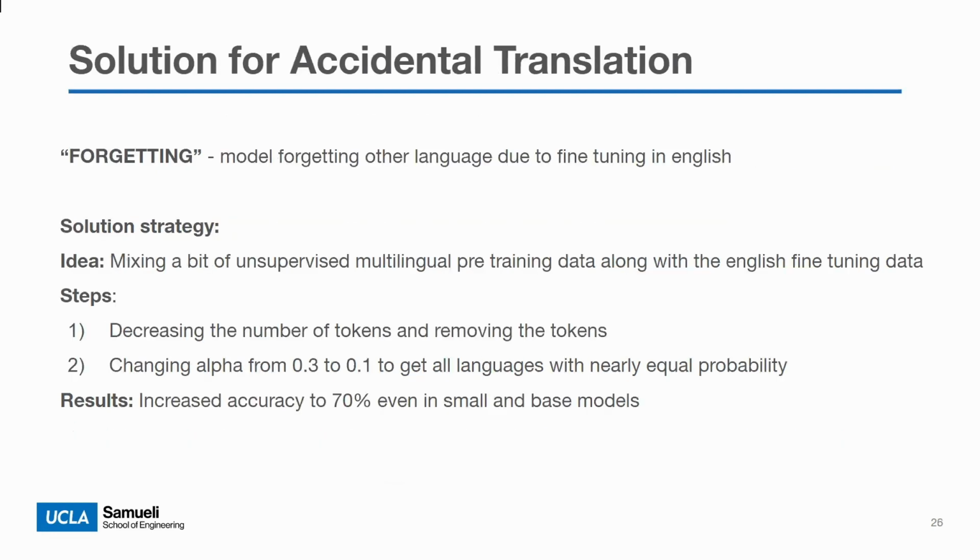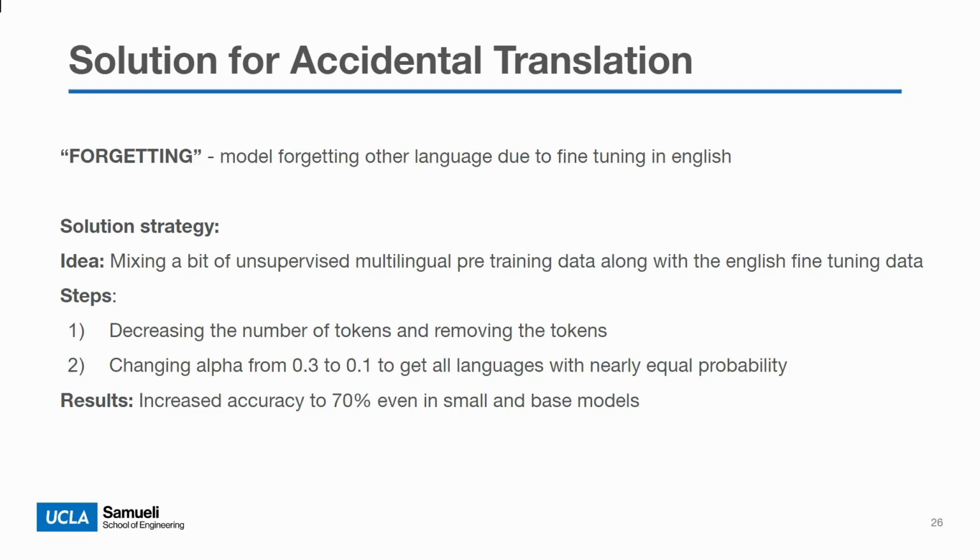The other possible solution provided by the paper is related to forgetting. We are pre-training on all the languages, but fine-tuning only on English, so the model generally forgets the original languages that it has been trained on. So we have to find a way that the model does not forget them. To do this, during the fine-tuning step, we add a bit of unsupervised multilingual pre-training data along with the English fine-tuning data.